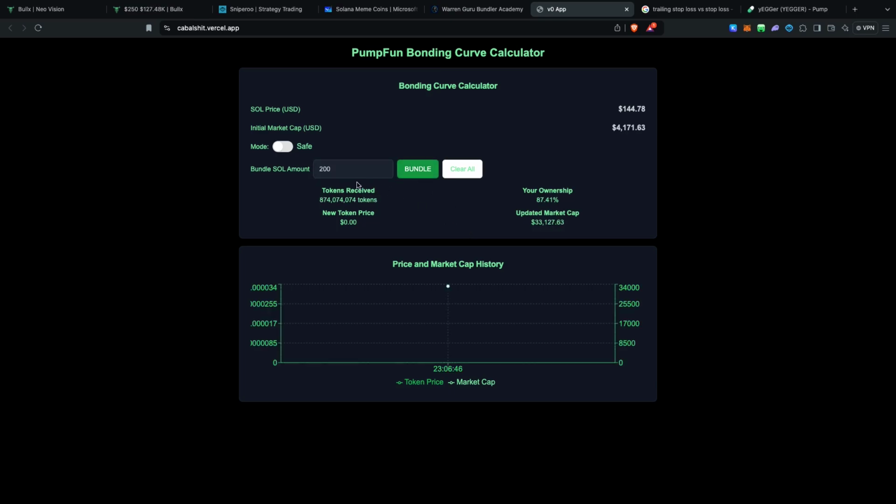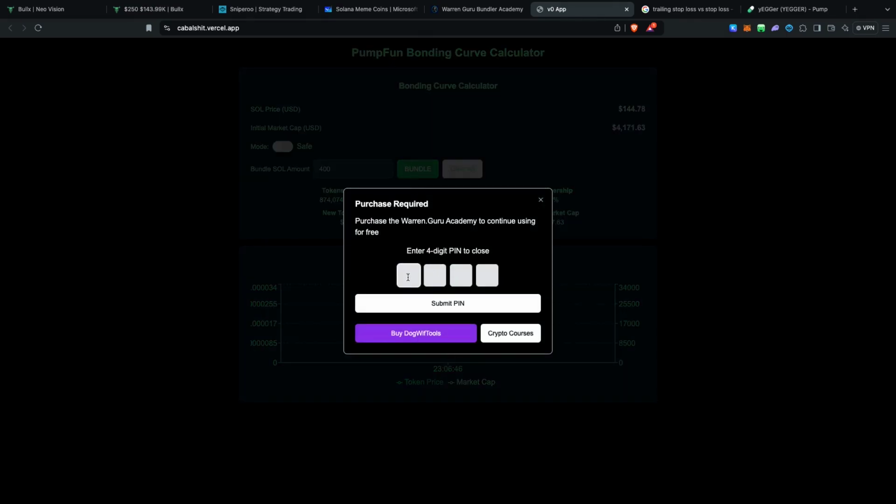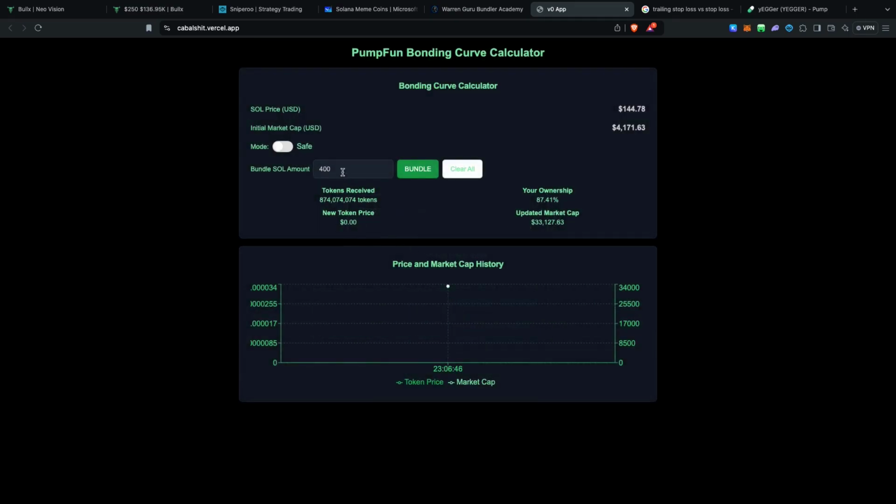So 200 Solana roughly is going to take you to about 33,000 market cap. So if you use 200 Solana, you're barely going to make any profit. But if you use, let's say, 400 Solana, yeah, if you use about 400 Solana, it's going to take you to about 62.